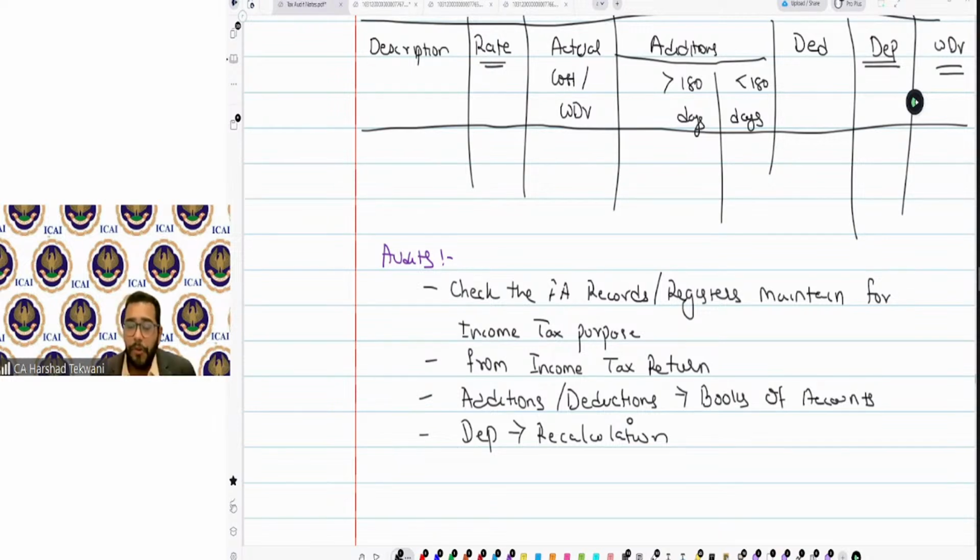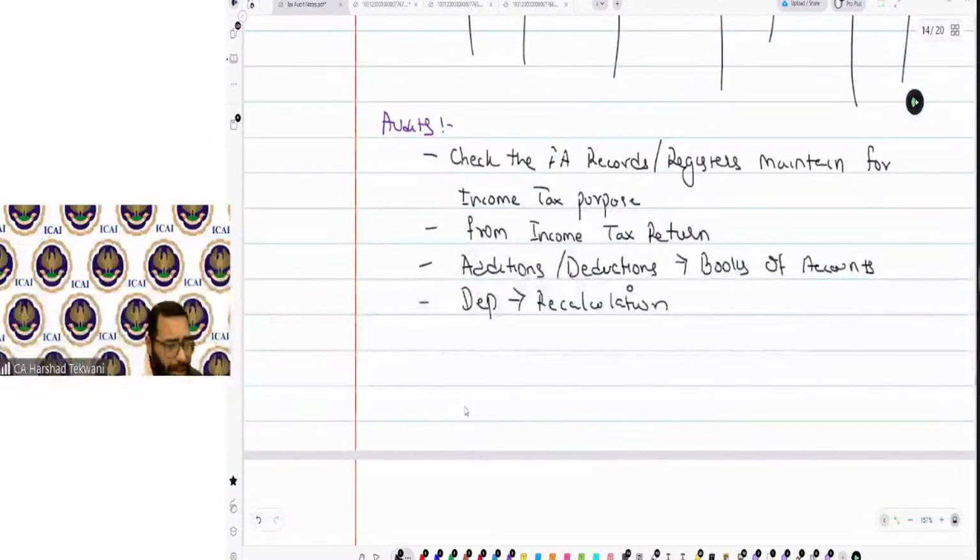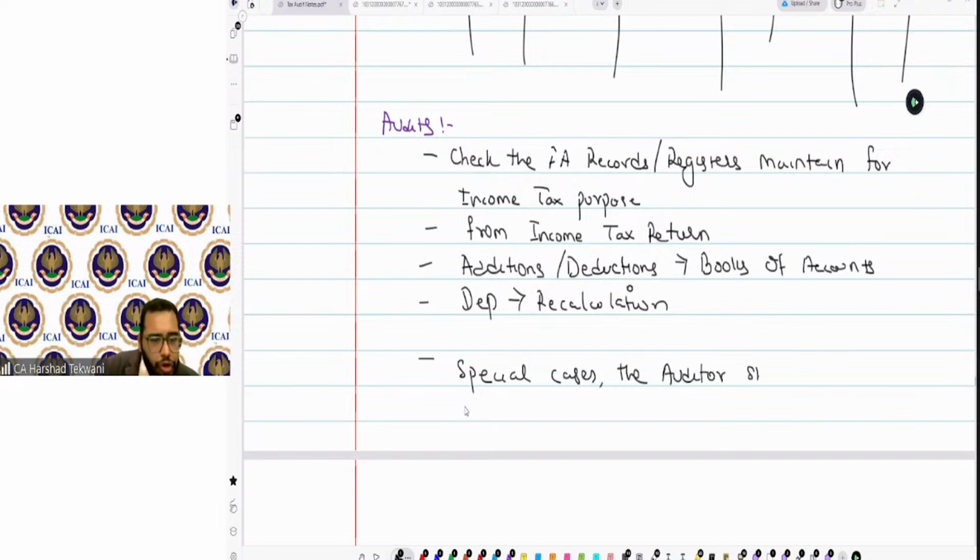And if there are some specific cases where reliance on any judgment or any other thing is taken care of, because of which there is a deviation from the standard practice, or you have taken more addition or deduction, okay, for the special cases, the auditor should specify the full particulars of that particular case.